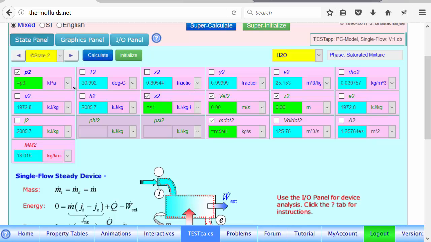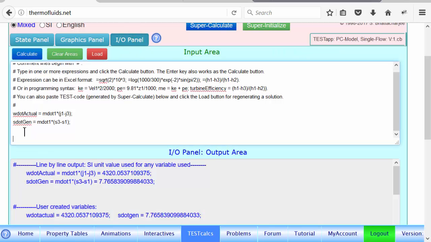Once we have found the isentropic exit state, we can find the ideal work, W dot ideal, equals m dot 1 star J2 minus J1.